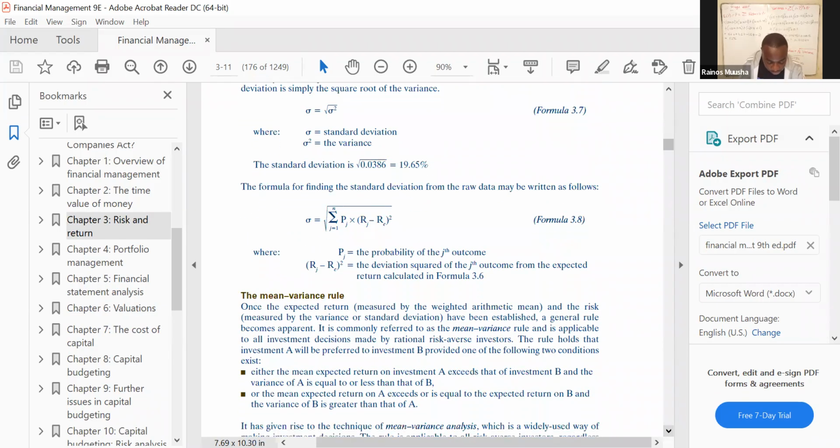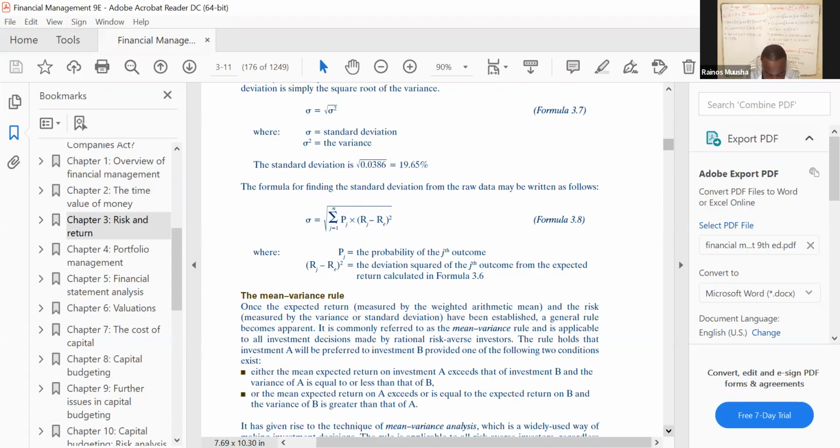On the next section, we look at the mean variance rule. And here they say, once the expected return and the risk have been established, a general rule becomes apparent. It is commonly referred to as the mean variance rule, and it is applicable to all investment decisions made by rational, risk-averse investors.